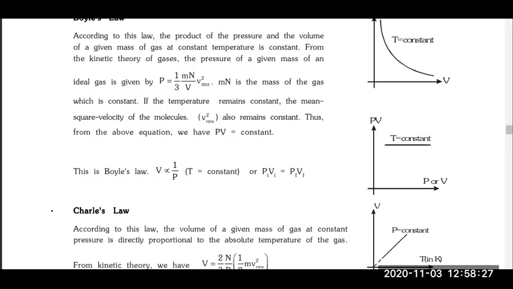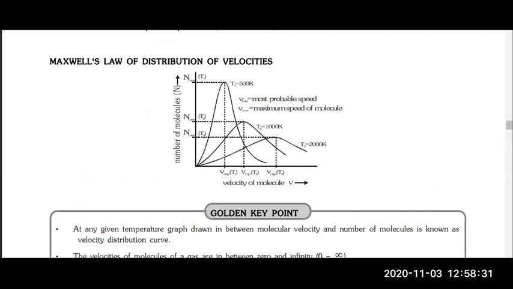Before moving to that, we have a last topic in KTG, which is the Maxwell distribution curve. This is just a diagram that you have to understand. Suppose you have a system of gases, say 100 molecules of gas at a temperature of 50 degrees centigrade.